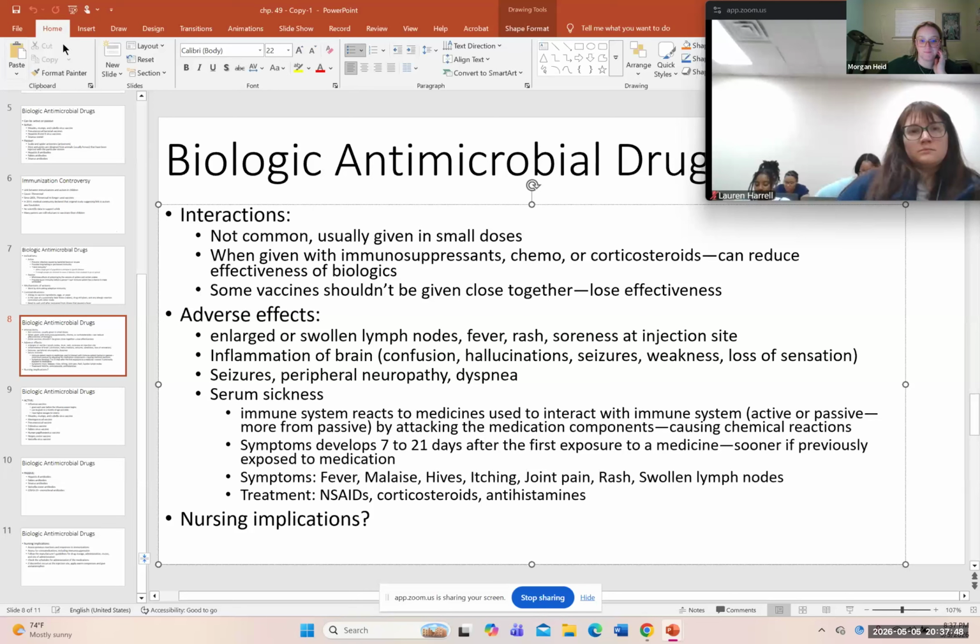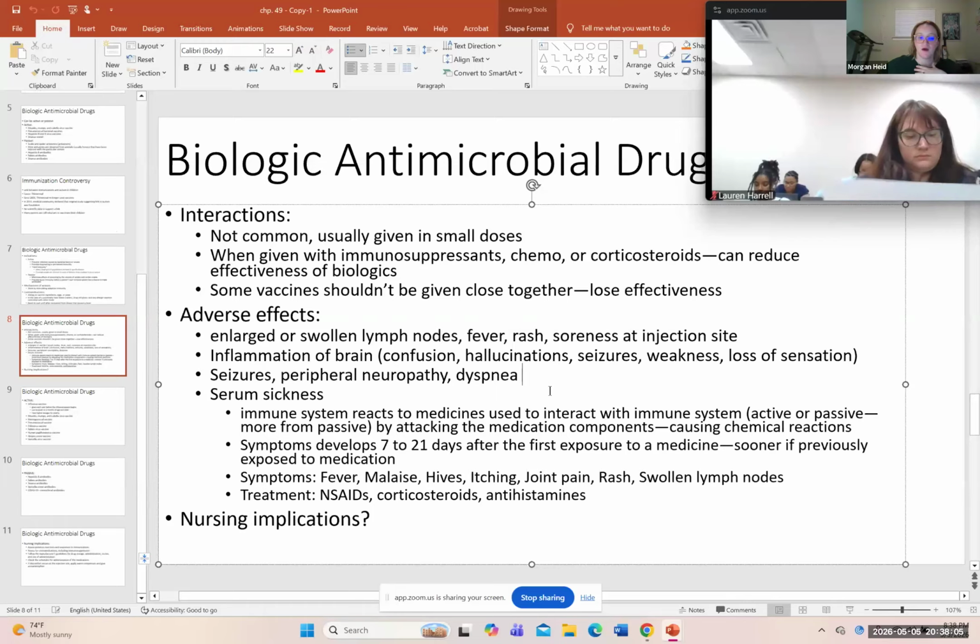I'm not saying it won't work, it just won't be as effective. All right. My adverse effects here are I can get swollen lymph nodes, rash, fever, sore throat, injection site pain or redness.